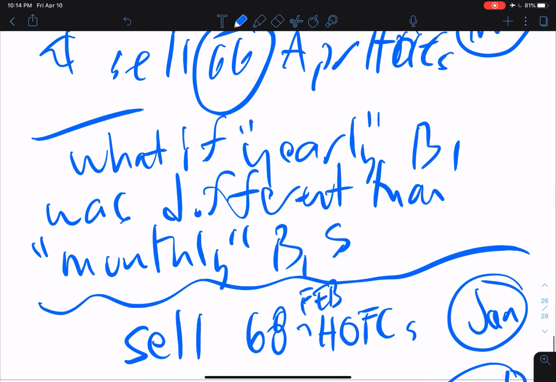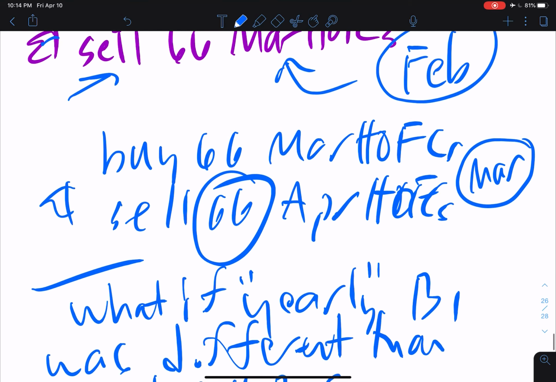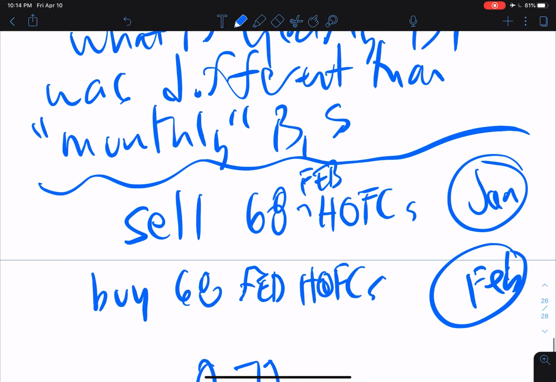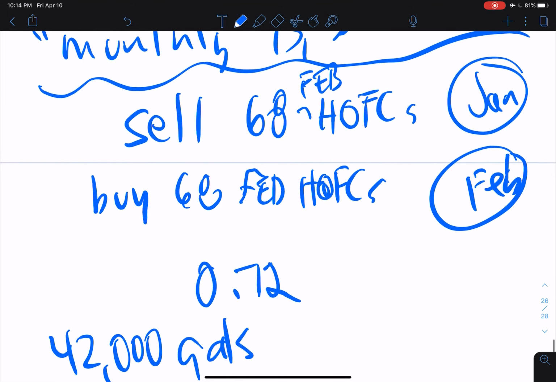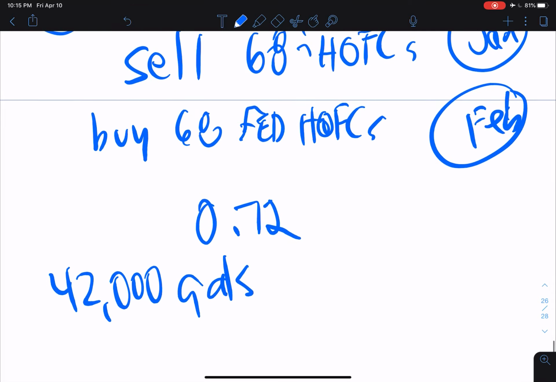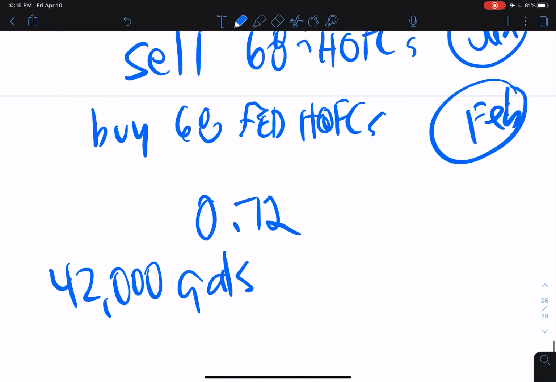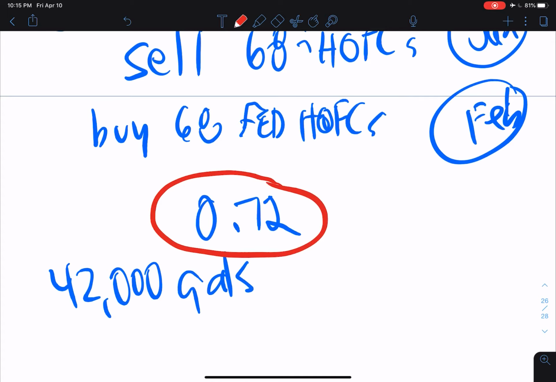And he's got an inventory of 4.2 million gallons, right? So that's 100 times. So he has to do 100 contracts. Well, he has 100 times the 42,000, but the beta estimate is not 1, so he's going to take the 100 and multiply by the 0.72, and thereby get 72 contracts.